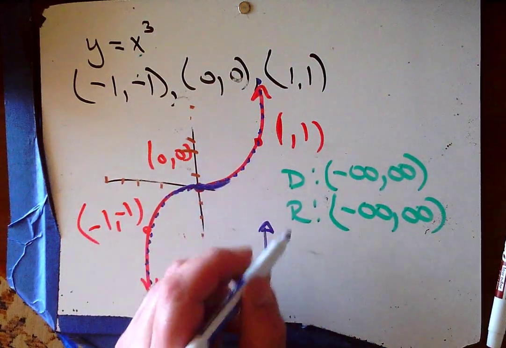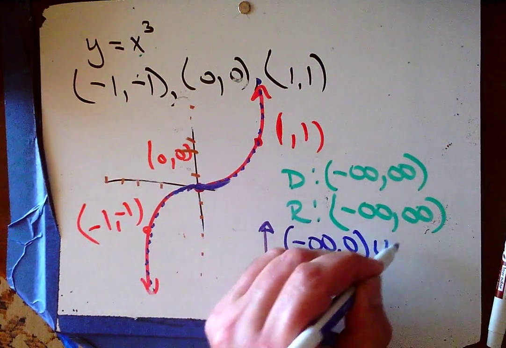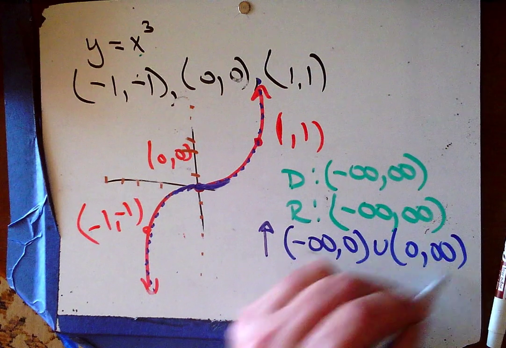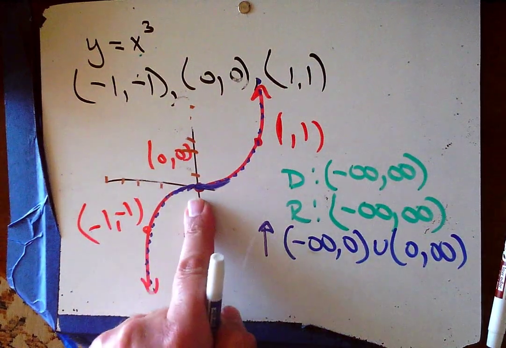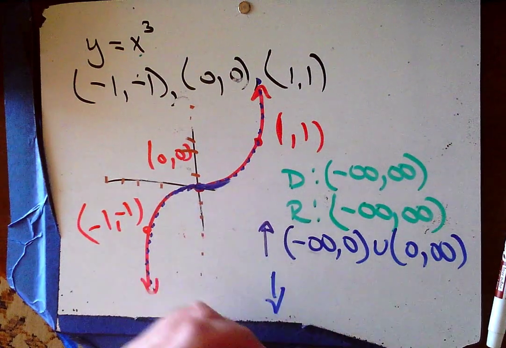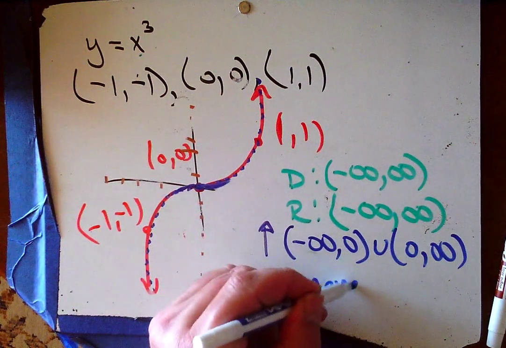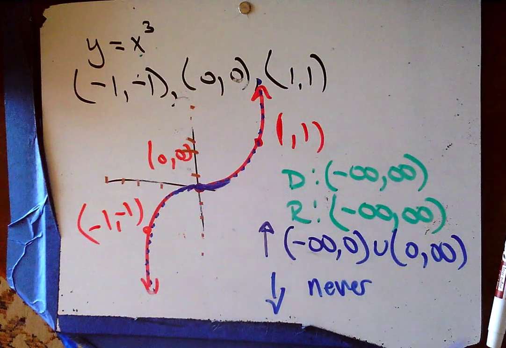So this function is increasing from negative infinity to 0, union 0 to infinity. I have to write it in two pieces because I don't have a positive slope at 0. Decreasing? Never. This is never decreasing. This is always increasing or a slope of 0 at x equals 0.